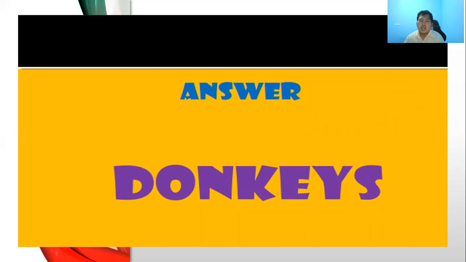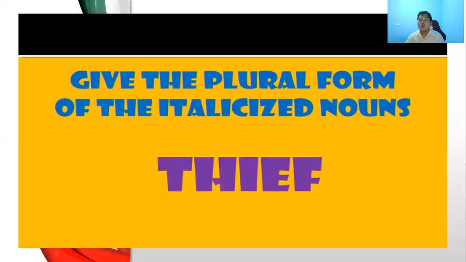Now, sir, donkey ends with y, so we must change y to i and add es? Nope. Rule number three says the letter before y must be a consonant. So the letter before y in the word donkey is a vowel, not a consonant. So we just have to add s. Is that understood? Okay.